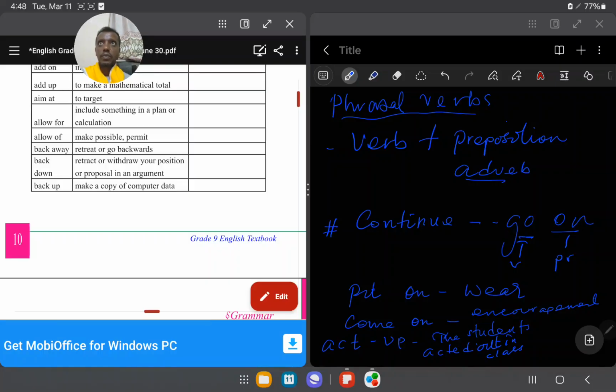It is the combination of the verb and the preposition in a new formation of phrase. So a phrasal verb is a phrase, not a word. It has a new meaning apart from the base word.